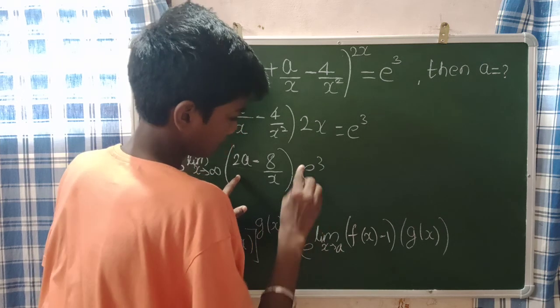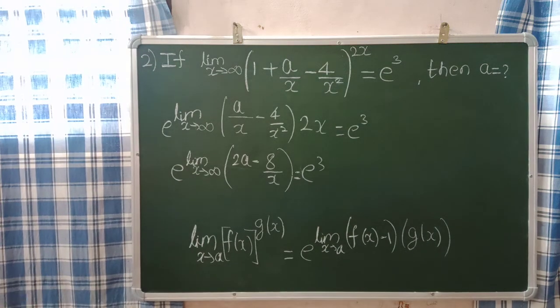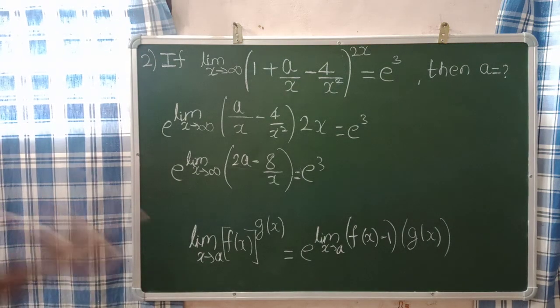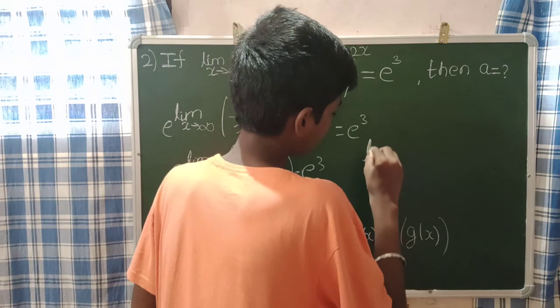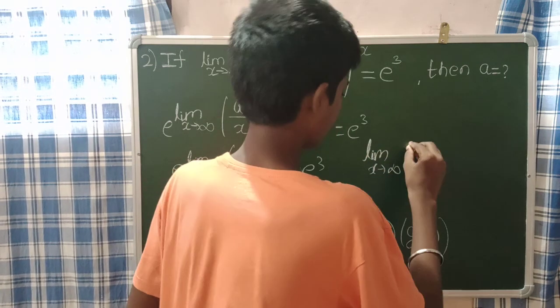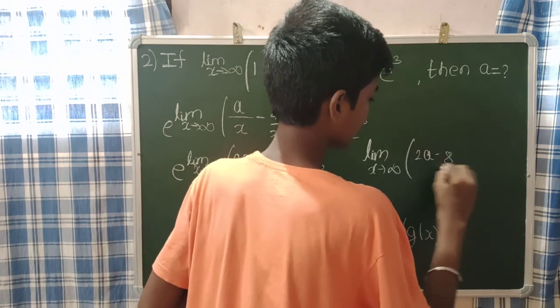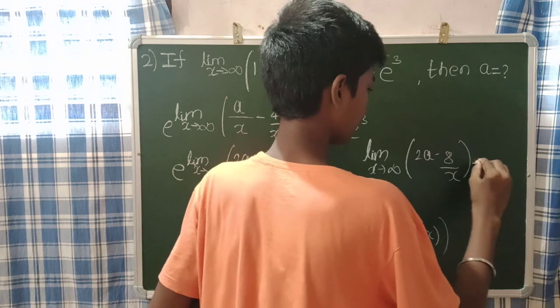If this statement is true, then of course your limit of x tends to infinity of 2a minus 8 by x will be equal to 3. Correct now?